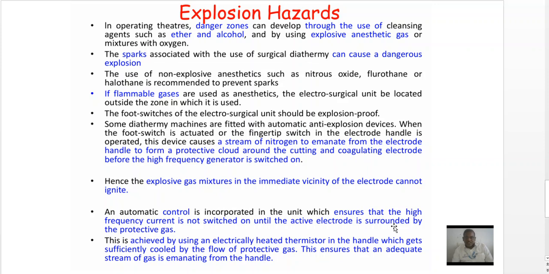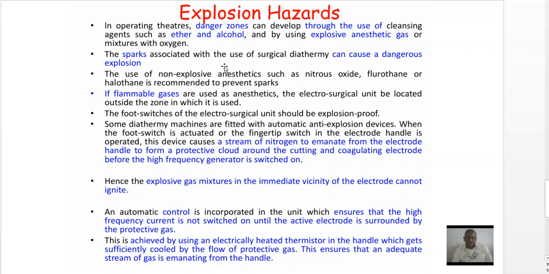Okay, next, explosion hazard. In operating theatres, danger zones can develop through the use of cleansing agents such as ether and alcohol, and by using explosive anesthetic gas mixed with oxygen.